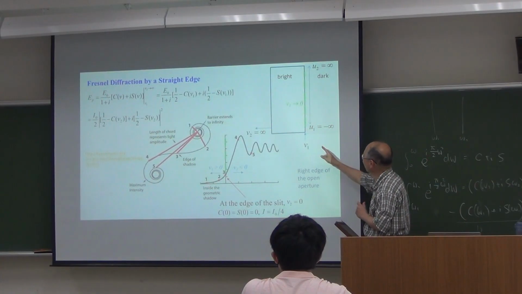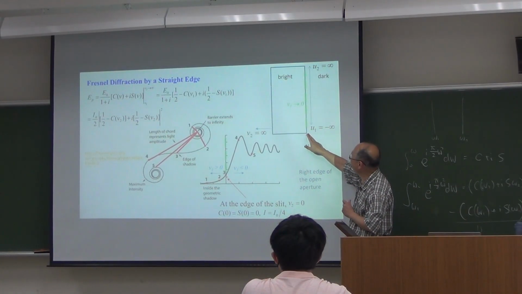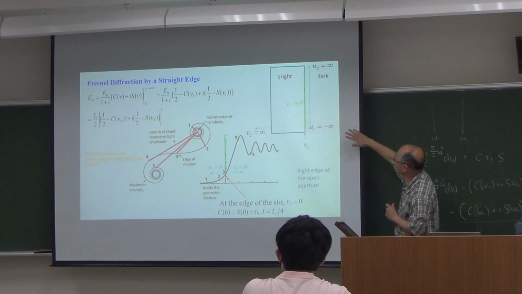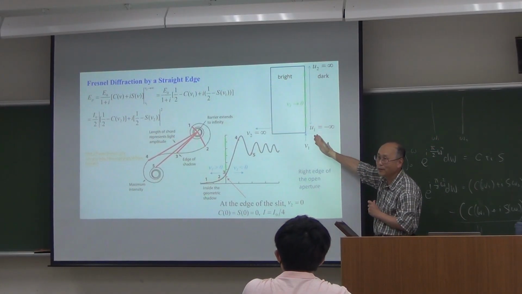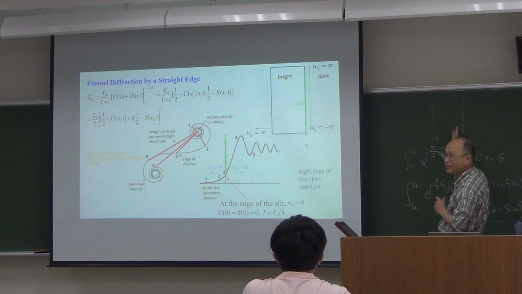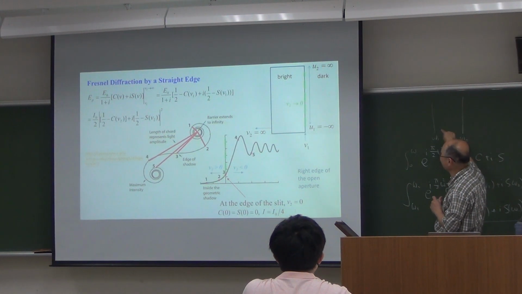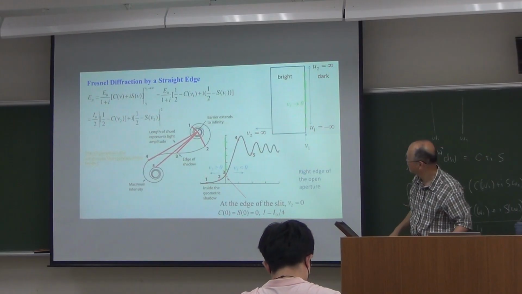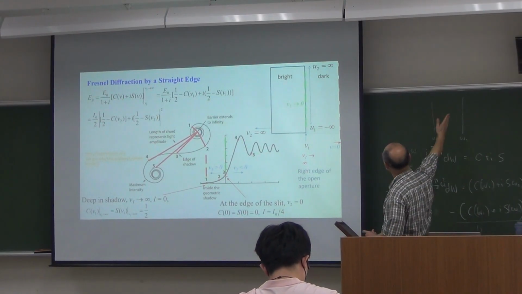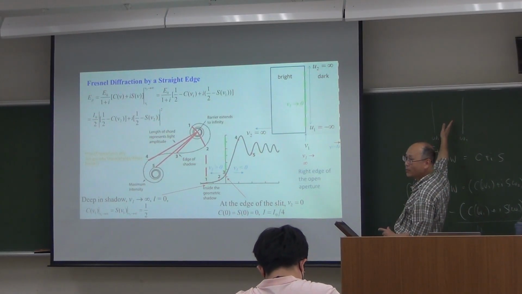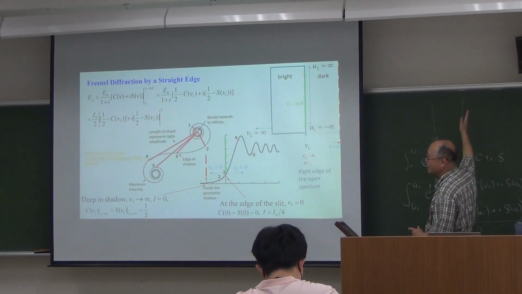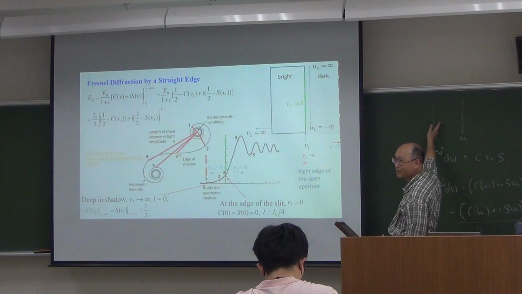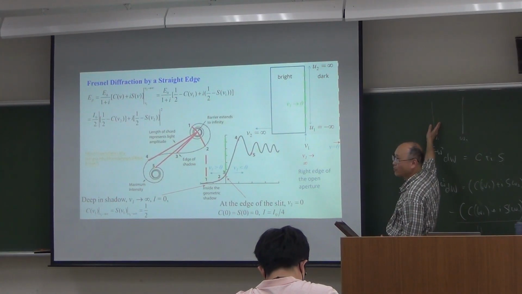If I want to figure out the intensity far in the shadow, remember this is the dark side, I move this boundary to this side. The origin is also moved far in the shadow. What's my V1?